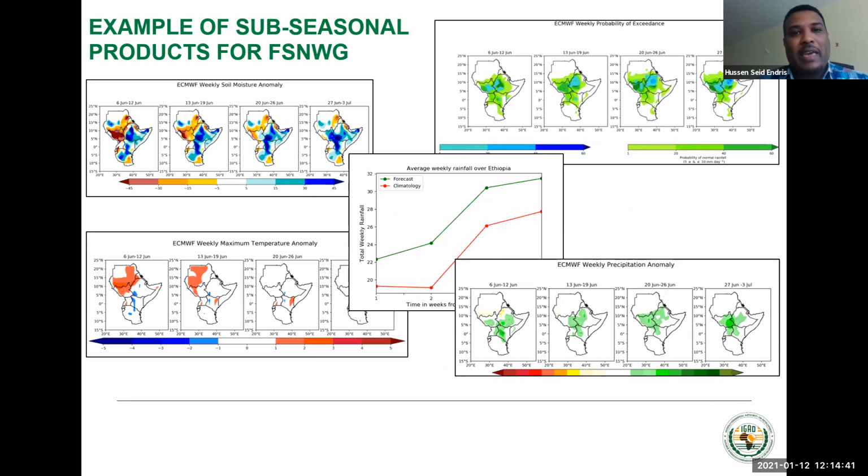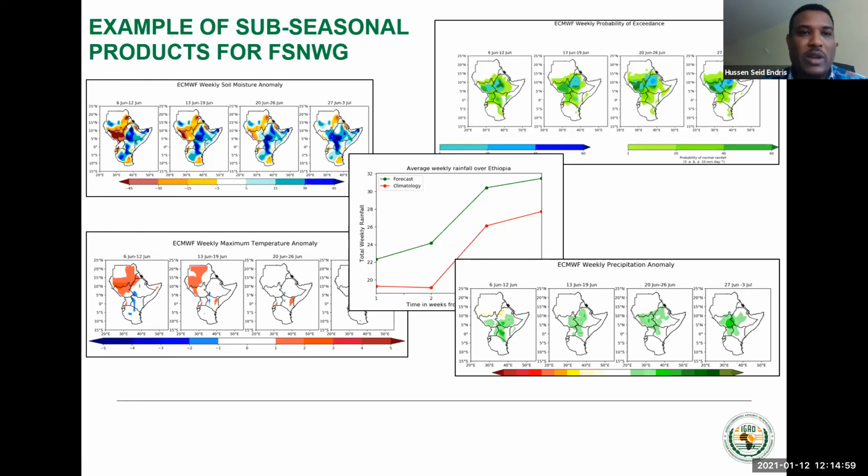products at weekly time scale for the next one month. Massive usually produces this one for the food security and nutrition working group, and they get these products every two weeks.